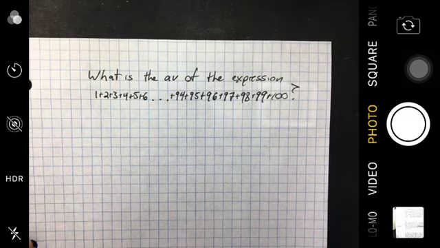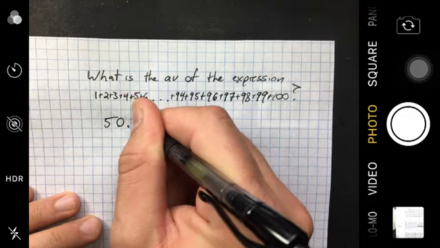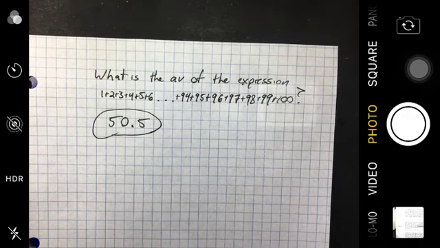Tony thinks it's 50.5. Anybody else? Now we're saying, Paul, I got to ask you, why are we dividing it by 100? $101 times 50?